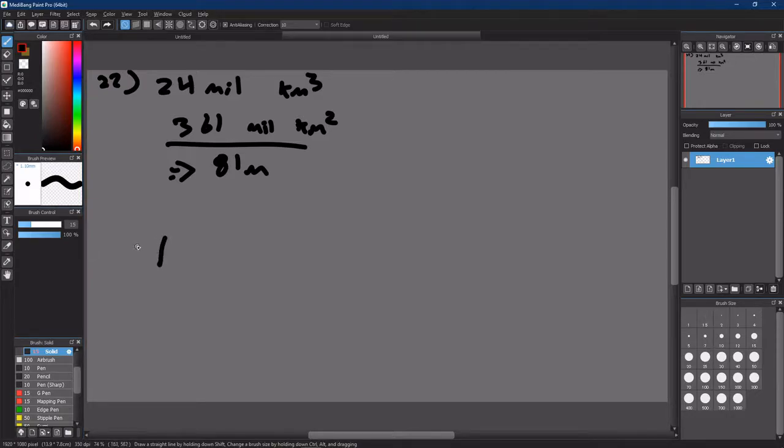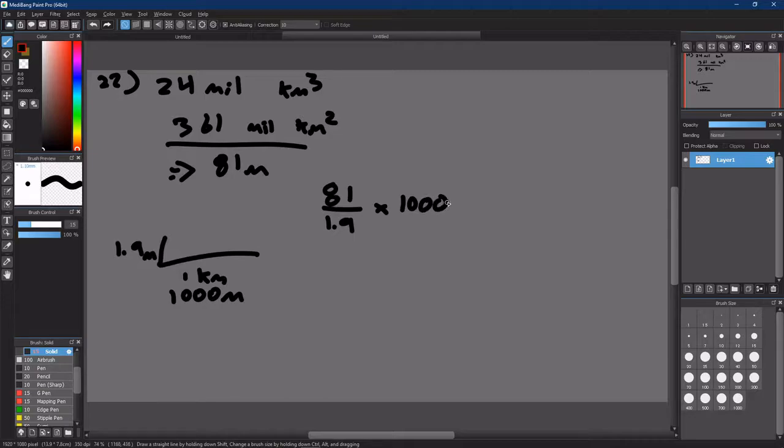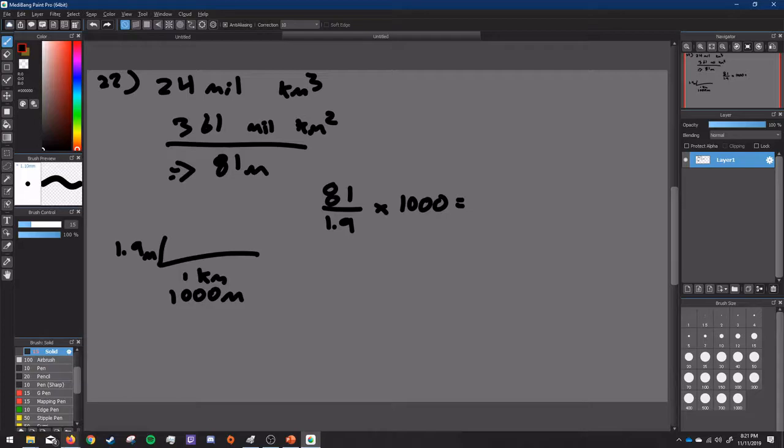So a 1.9 meter rise over a 1 kilometer or 1,000 meter run, how far up would that go? Basically, all you have to do here is divide 81 by 1.9 times 1,000. Just plug that into a calculator real quick.